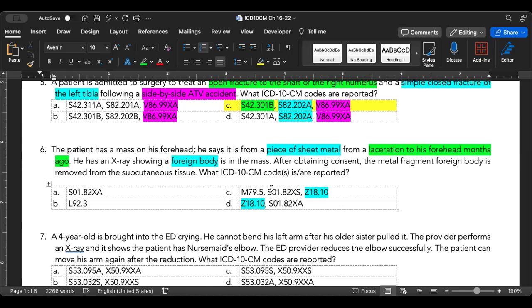So let's go back to S01.82. And then it's telling us that we need a seventh character. So again, what's our seventh character going to be from the laceration to his forehead months ago that has that foreign body? Yep, S, because it's that sequela, that late effect.